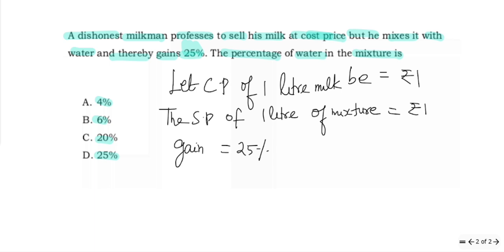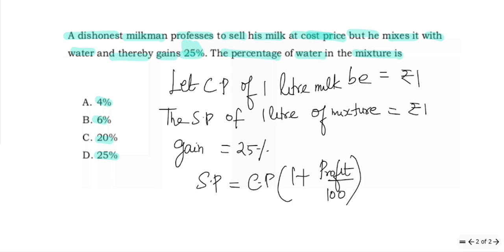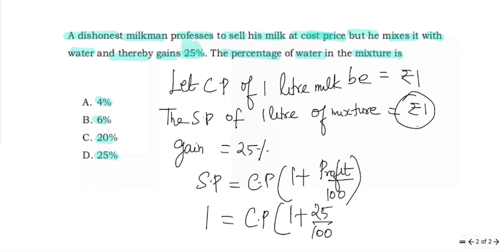As they have provided the gain, we use one formula here: selling price equals cost price times 1 plus profit over 100. The selling price of the mixture we know, which is 1. The cost price of the mixture we are going to figure out. 1 plus profit, which is 25 over 100. The 25% has to be written as 25 over 100, since the 100 is already given in the formula.